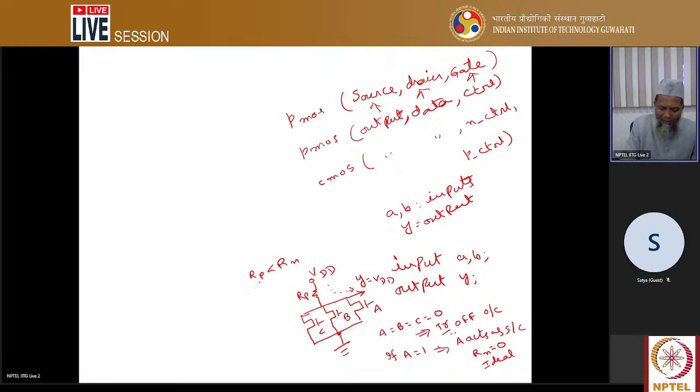So compared with Rp, Rn is almost 0. If you want to get the output, there is VDD, then Rn, then Rp, with Rn less than Rp. So the output will be VDD into Rn by Rn plus Rp.